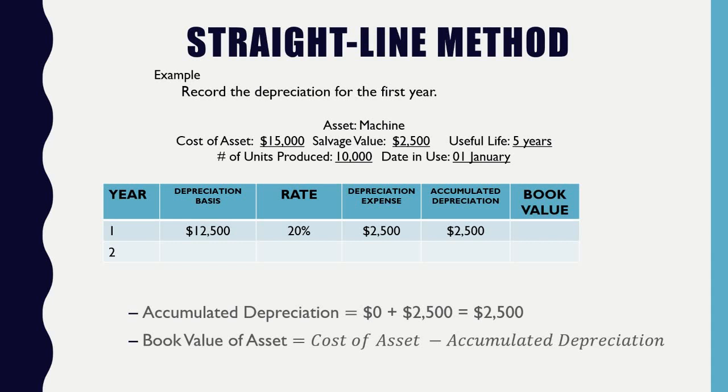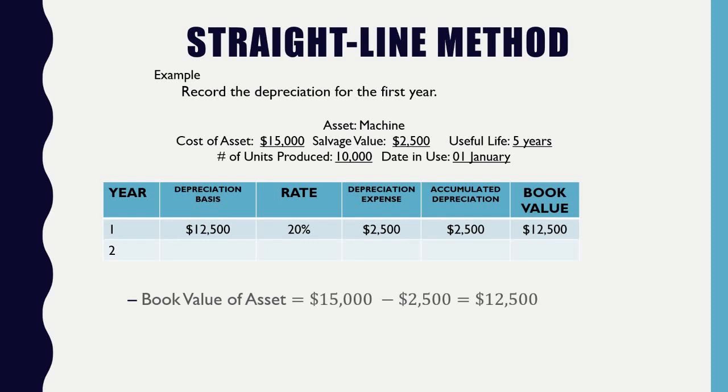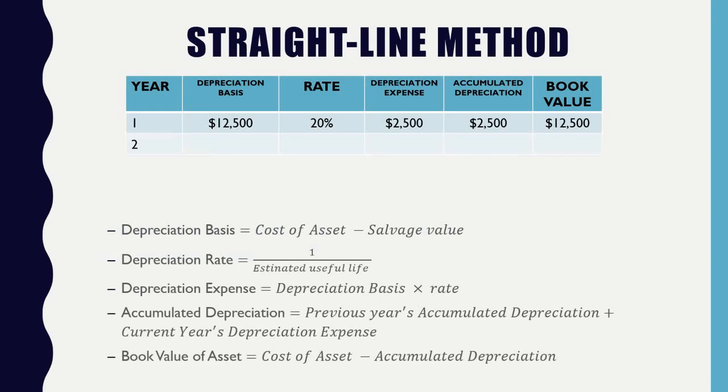So what does book value become? Book value is going to be the asset cost of 15,000 minus the accumulated depreciation, so it's going to be 12,500. All right, let's do the second year.